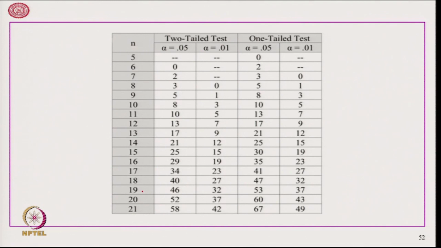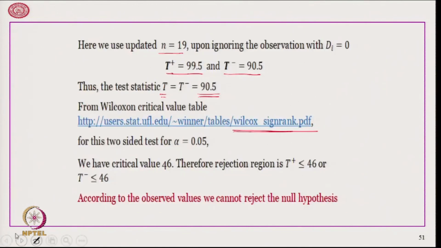N is equal to 19 at 5% level of significance. It is a two-tailed test because we are testing m is not equal to m naught. Therefore, the critical value comes out to be 46. We shall reject the null hypothesis if the statistic t comes out to be less than 46.